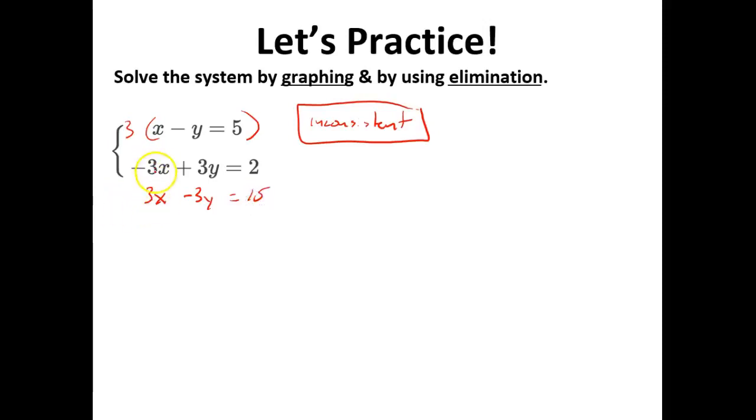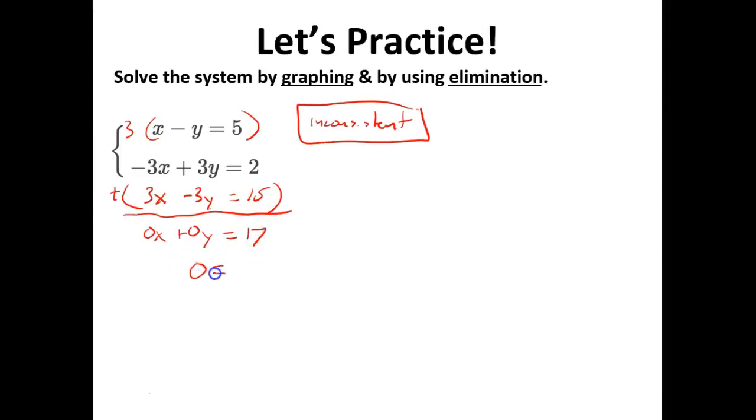Here, the coefficient is almost the same, so I'm going to add this second equation to the first equation. When I do that, -3x plus 3x is going to give me 0 x's. 3y plus a -3y is going to be plus 0y, equal to 2 plus 15, which is 17.